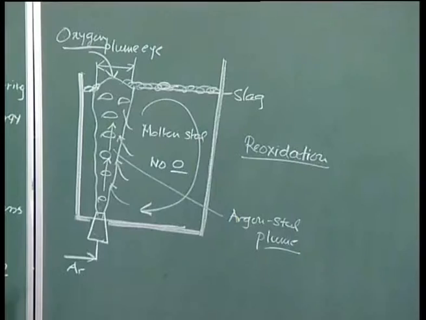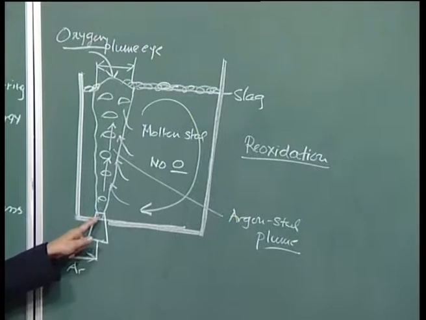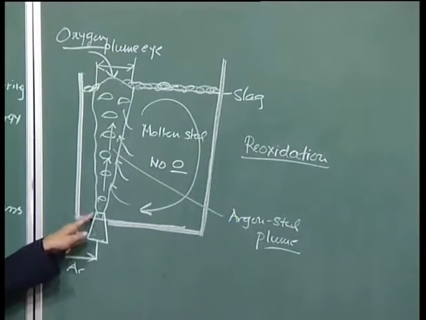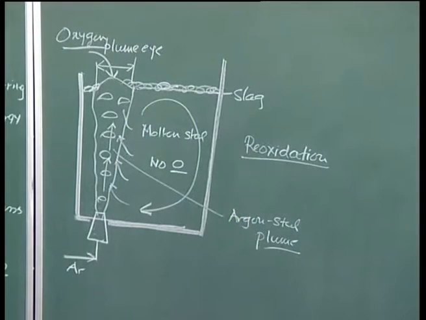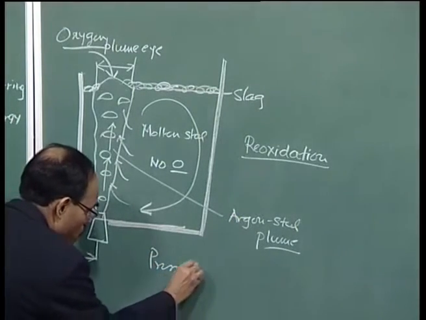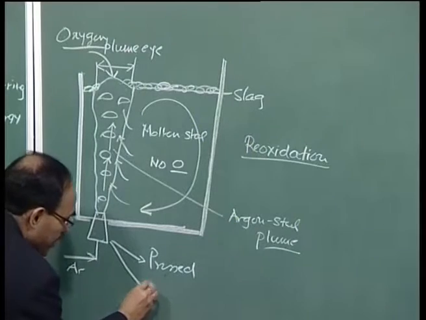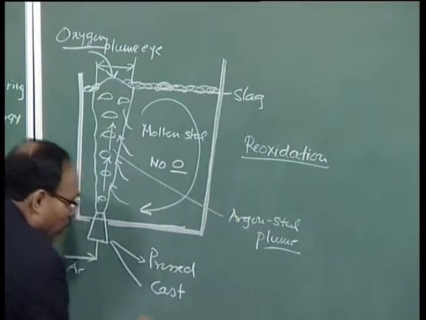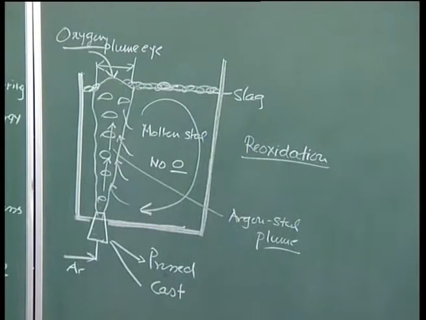The porous plugs are basically refractory materials, because a part of it is in contact with molten metal, as I have tried to indicate in this figure. They can be either pressed or cast. Both ways they can be produced.